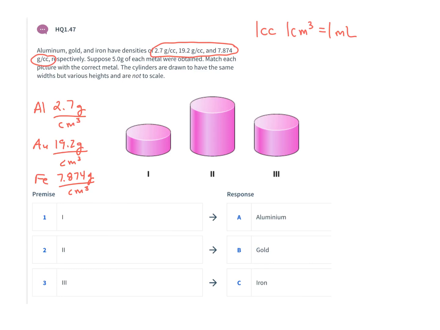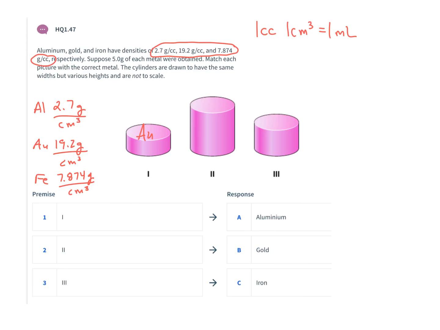Right, so there's two things we can do. We can make an educated guess based on the densities of what the volume should be, right? Because the larger the density, the smaller volume you would need to represent 5 grams of that material. So we might guess that gold might be the smallest cylinder because it has the highest density.